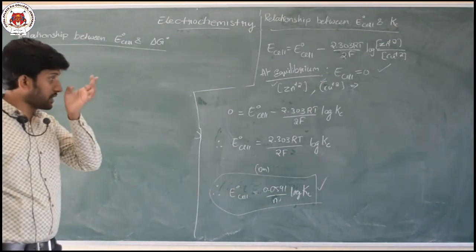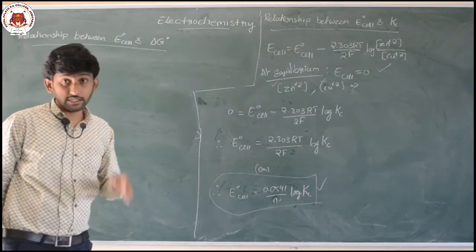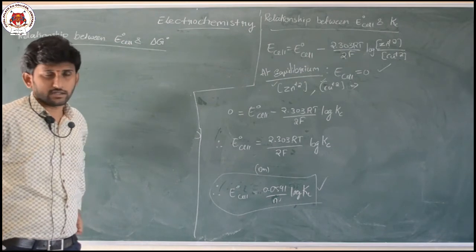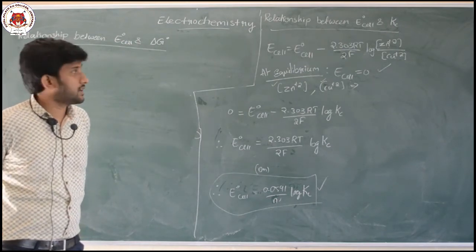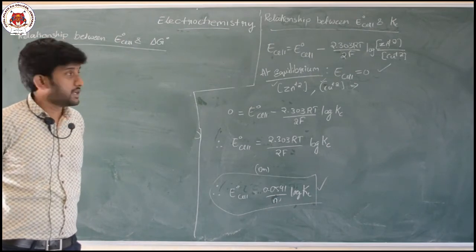You know, in first year thermodynamics you have studied this G, delta G or delta G naught. Delta G means what? Gibbs free energy. Delta G naught is standard Gibbs free energy.